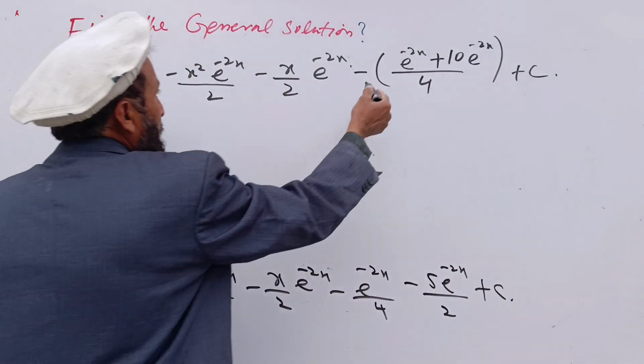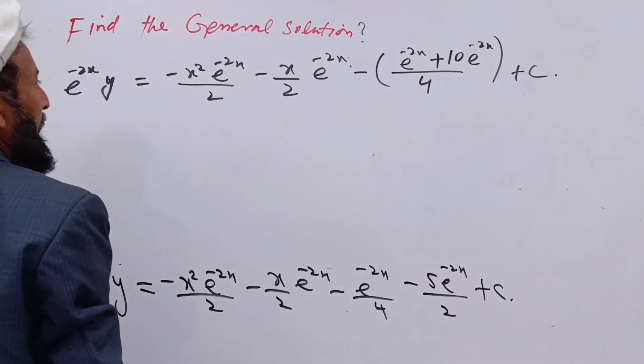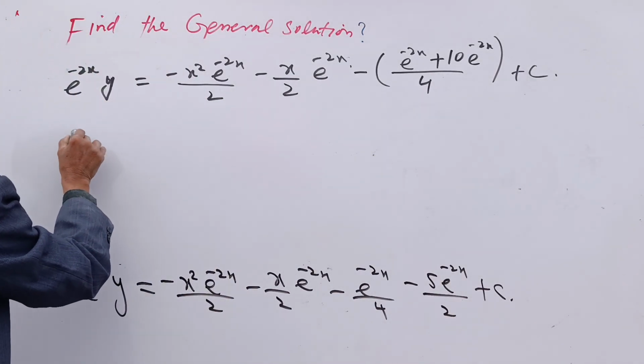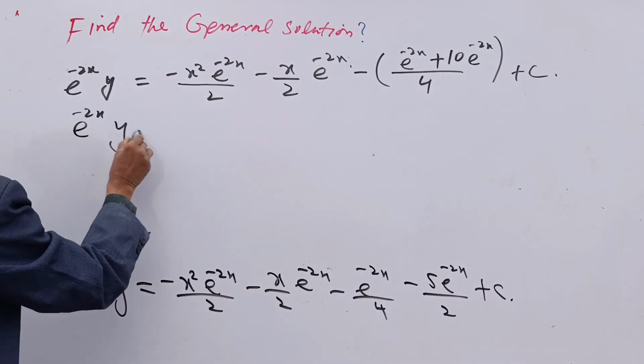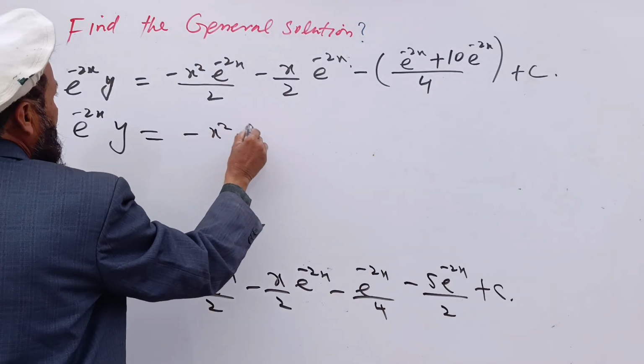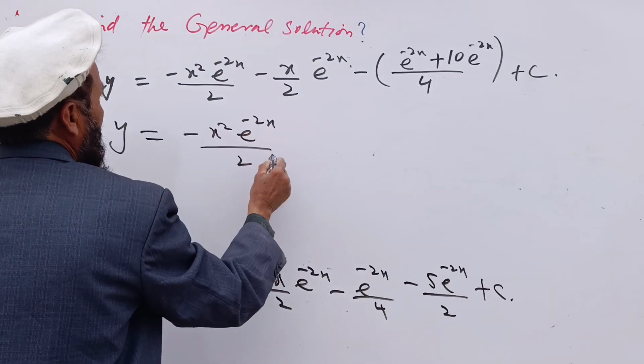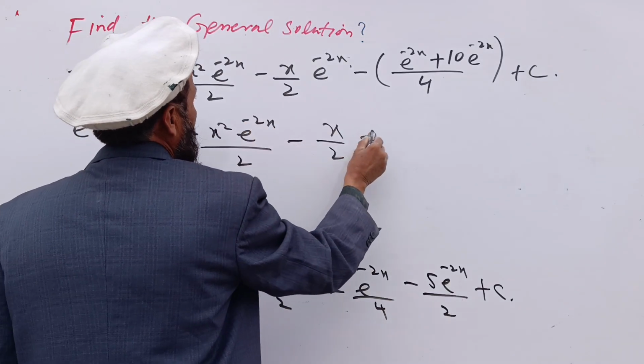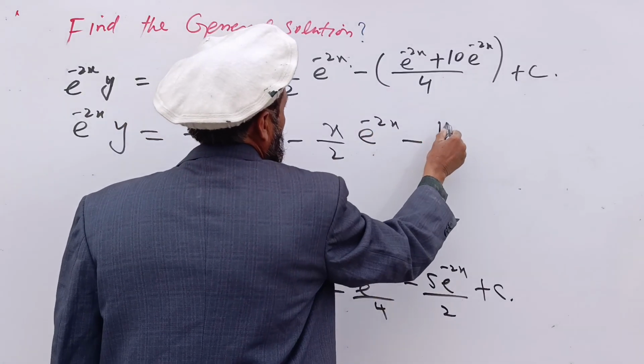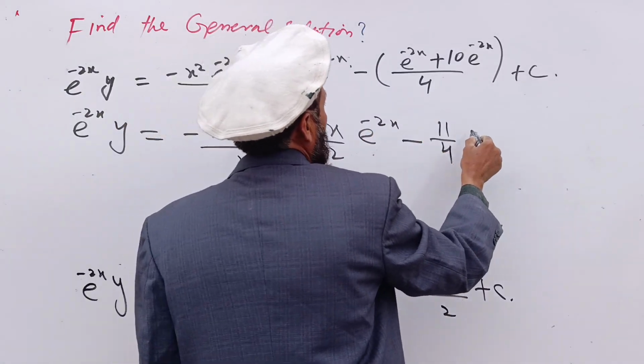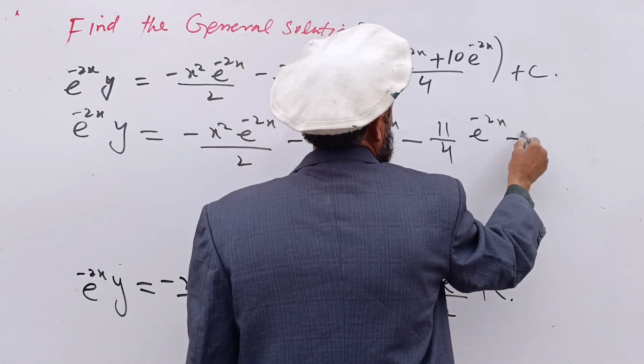Now we get 11 minus 11, so e exponent of minus 2x into y equals minus x square e exponent of minus 2x divided by 2 minus x by 2 e exponent of minus 2x minus 11 by 4 e exponent of minus 2x plus c.